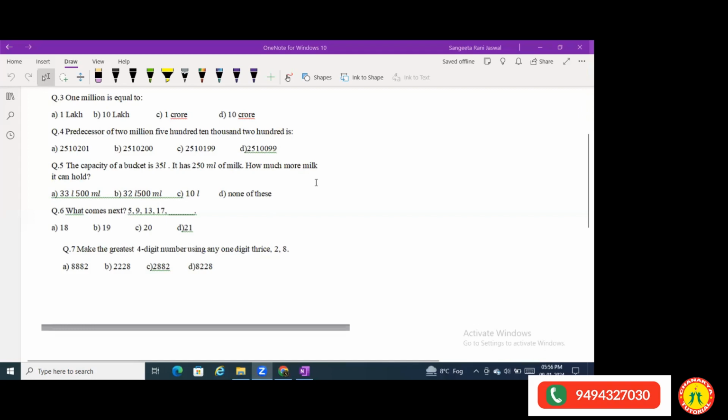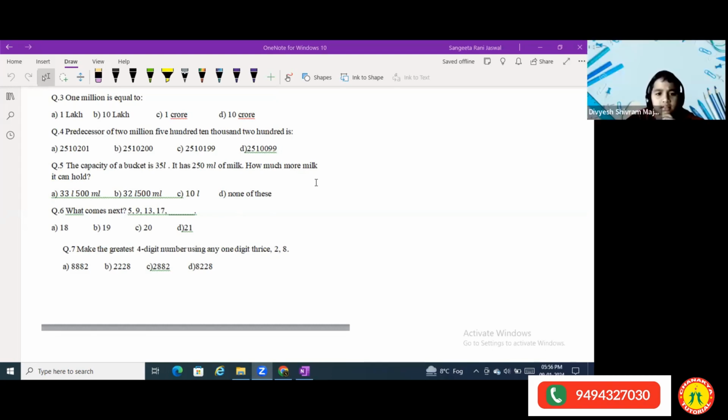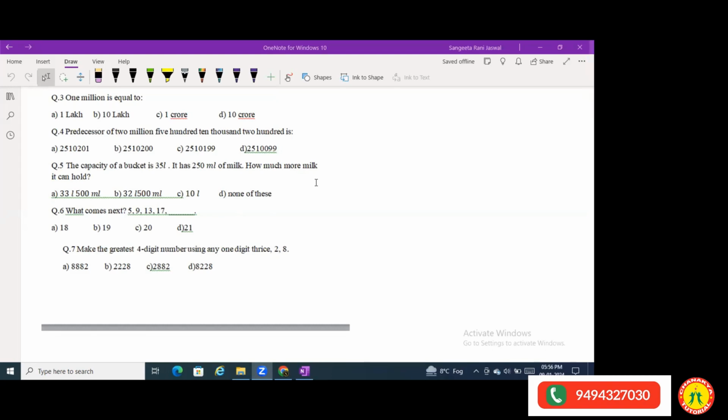If we solve it, ma'am, we get 34 liters and 750 ml. I'm finding something wrong with this question. I'll check, maybe there was some printing mistake here. Anyway, leave this question for tomorrow.